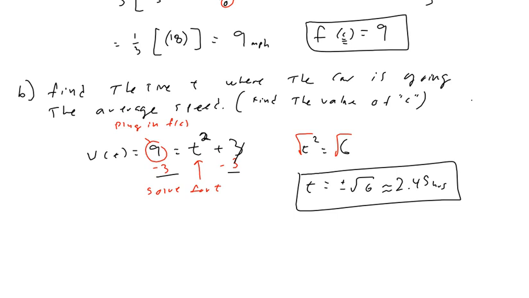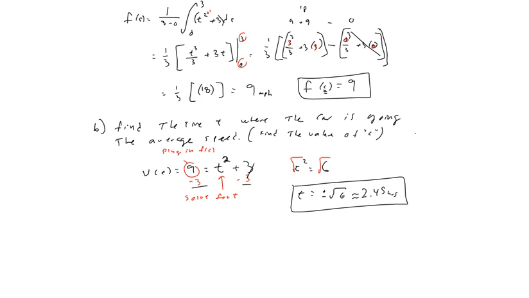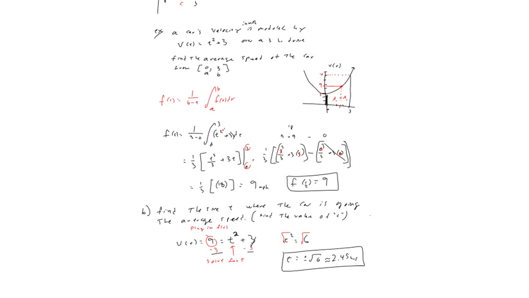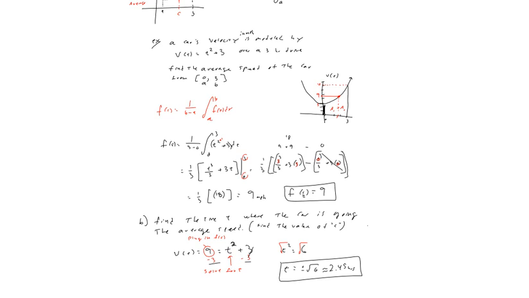So this is the last thing I wanted to tell you about for the mean value theorem, how to use it to find these pieces of information. How to find the average value of a function over a period of time using this formula, 1 over b minus a, integral from a to b.